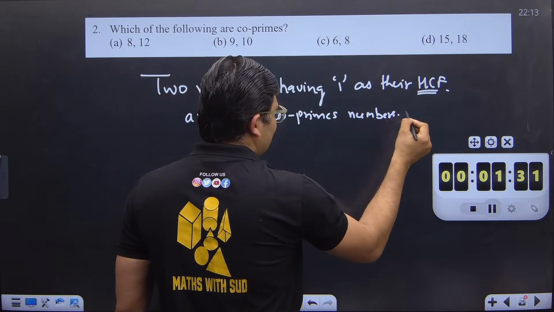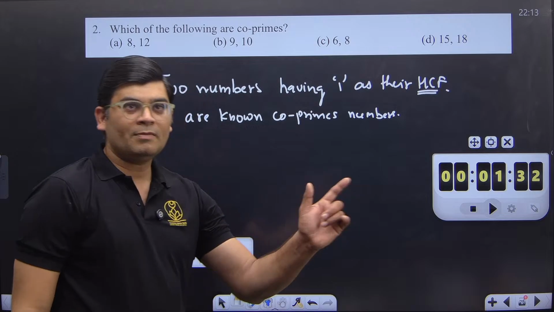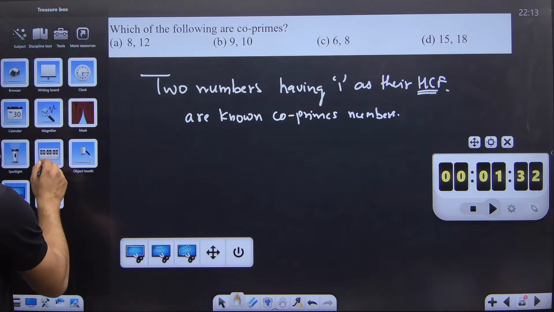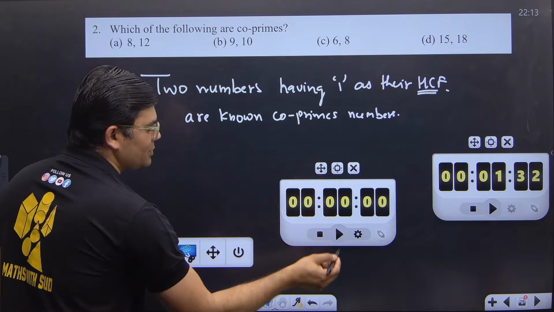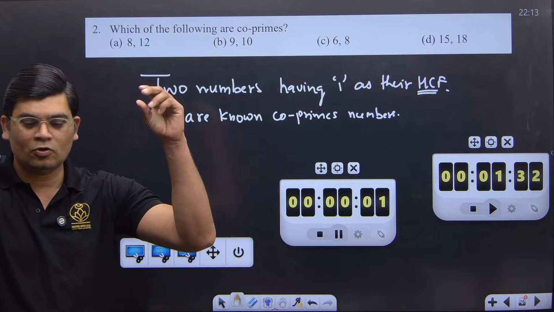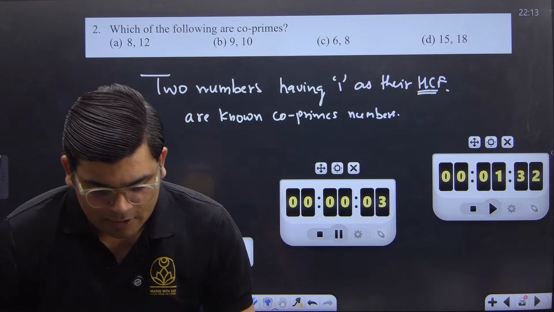I want you to please tell me all the prime numbers from 1 to 100. Let me see how fast you can say. I am turning on your timer. Time starts now. Speak, quickly. I want all the numbers.